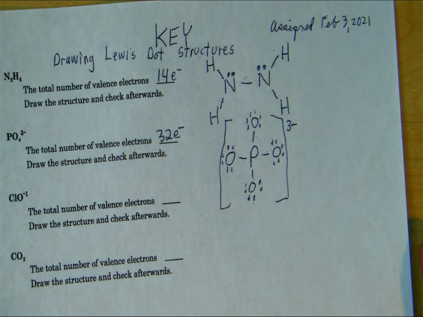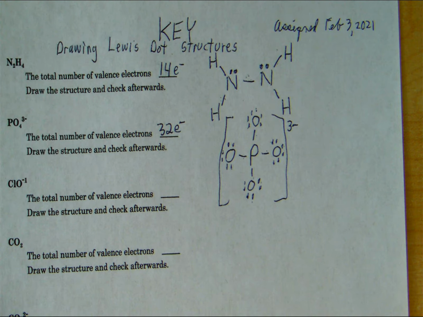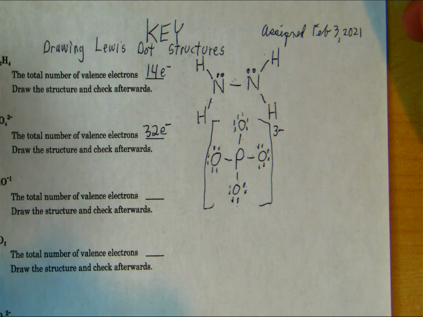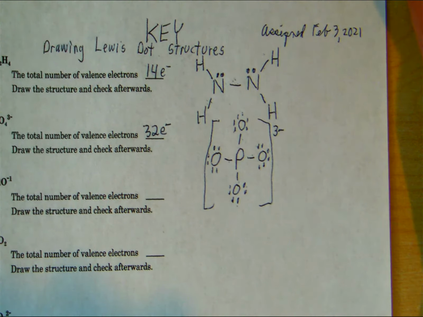And based on my understanding of chemistry CP, I would have accepted this as the solution. However, many of you went on the internet and Googled a solution, and the solution that you came up with on the internet is quite interesting and different.